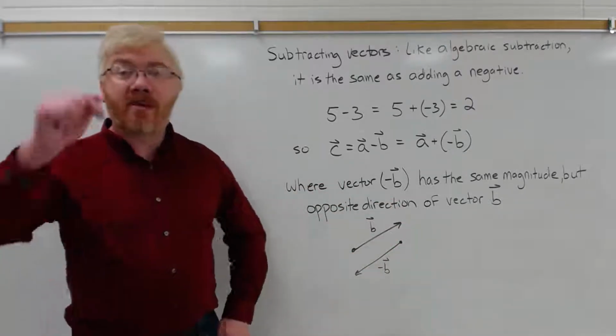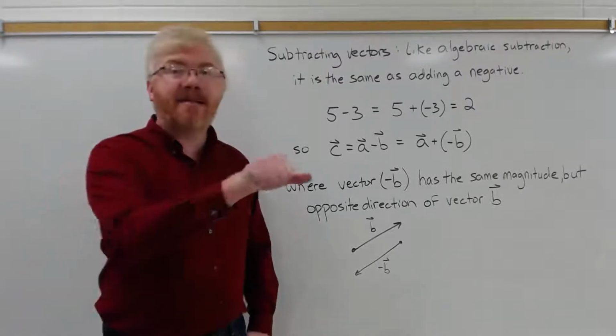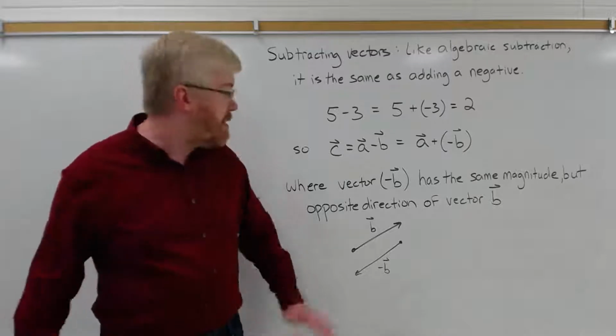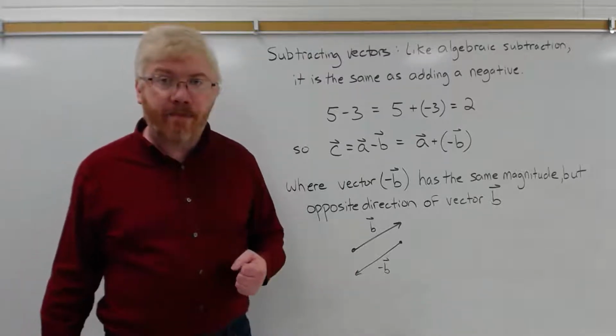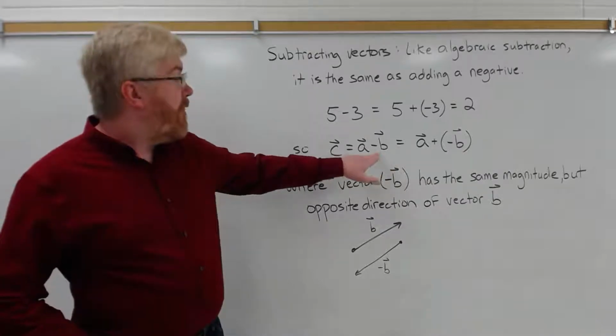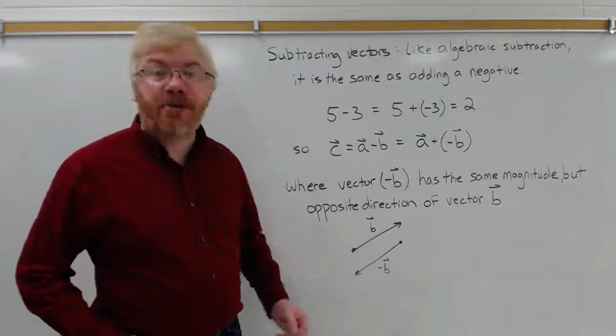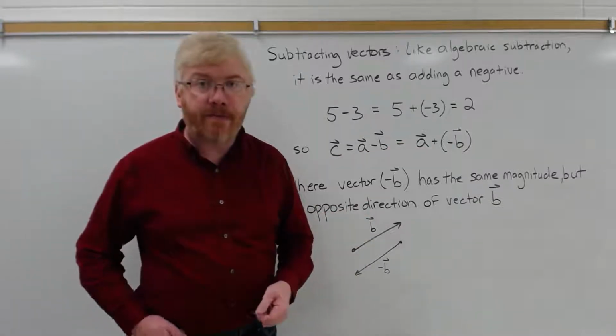So if a displacement vector is down, the negative of that displacement vector is up. If it's to the east, the negative is to the west. But the magnitude is the same. So if you have to subtract two vectors, figure out which vector you're subtracting, flip the direction around, and then add it.